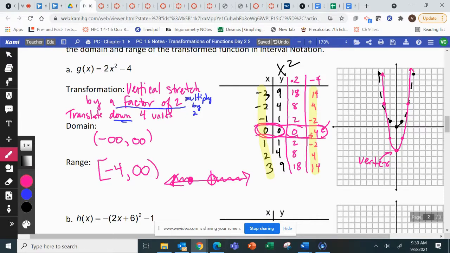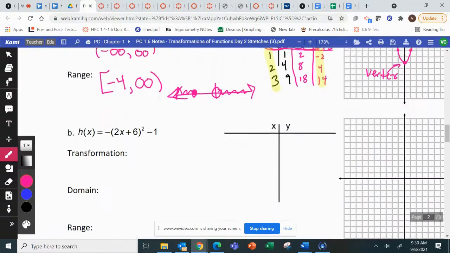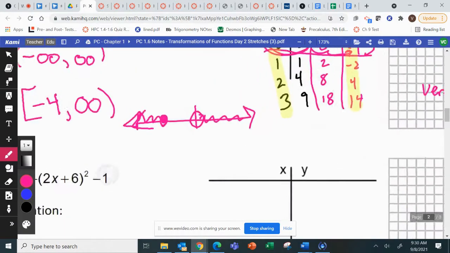Now some won't go to positive infinity, and in that case, it might start at negative infinity. The next one actually I think does that, so we'll see it. But some won't end in an infinity. All right, let's look at question B.